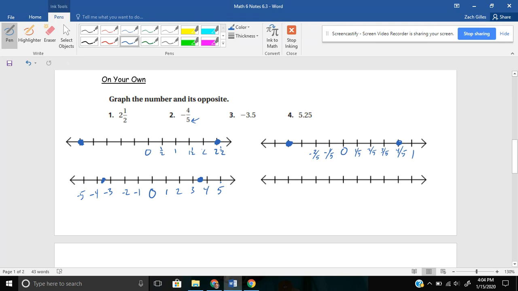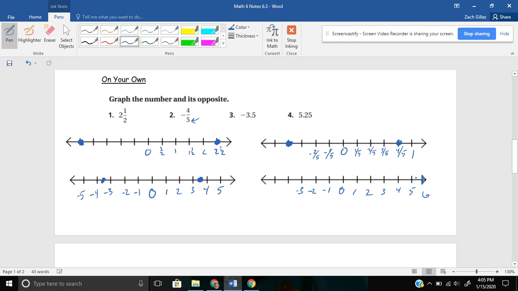And lastly, I've got 5.25, right? If I'll just go by ones here, and actually, I'll just go by ones and see how it looks. Negative 1, negative 2, negative 3, so on and so forth. So if I kept my line spacing similar, this would be close to where 6 would be.